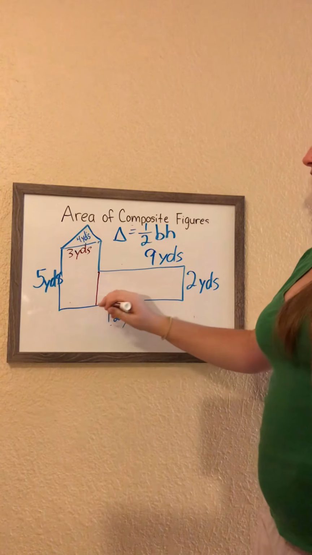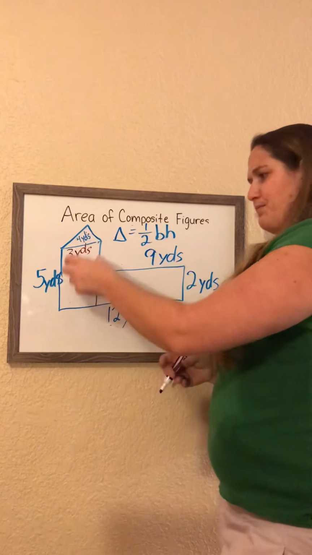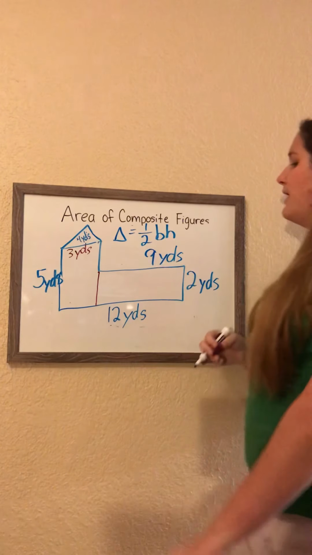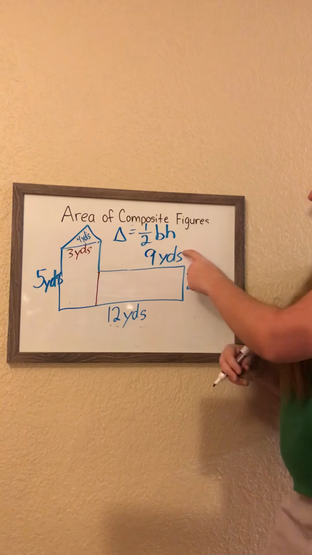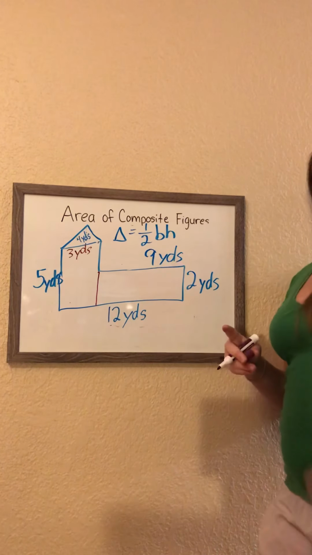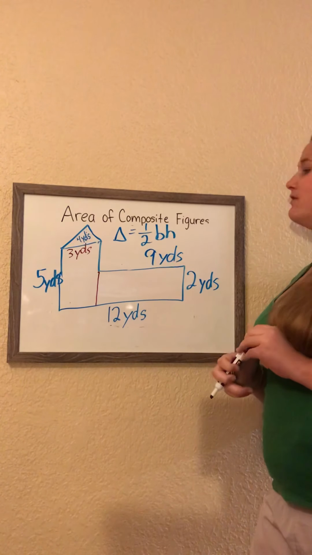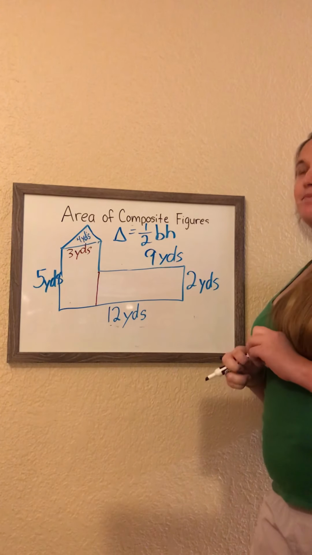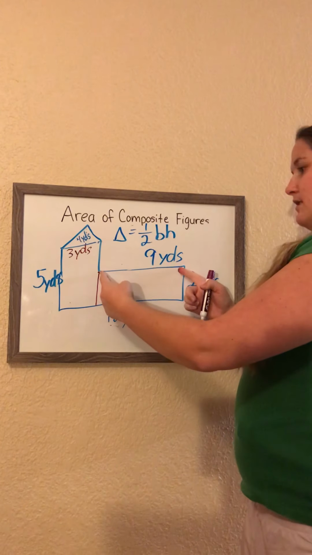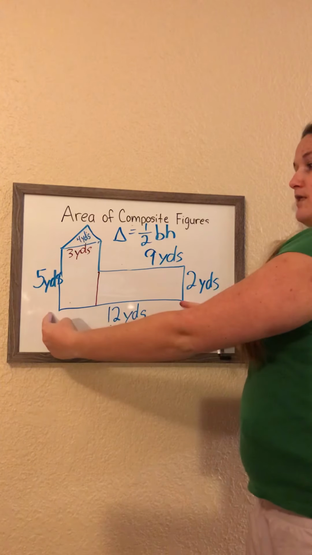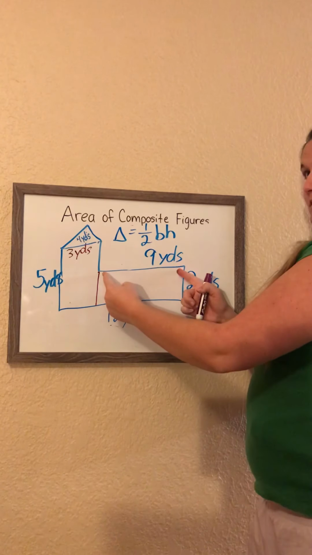Since I already found the width of that vertical rectangle, I'll leave it like that. Now, as for this horizontal rectangle here, I see 9, 2, and 12. This is where you have to get selective. Do not multiply all 3 numbers, please. You're thinking, is the width of this rectangle this whole distance or that distance?